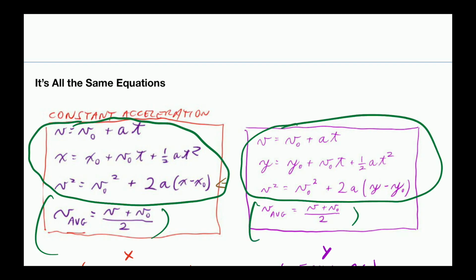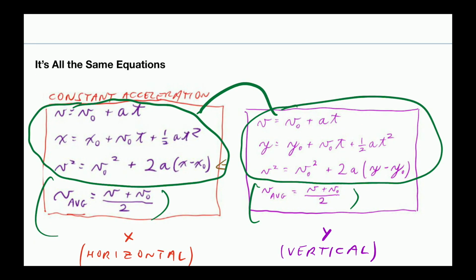But I find I use 3 equations, and of course the X version and the Y version, the horizontal and the vertical versions, are the same. It's just that one uses the letter X and one uses the letter Y. And it's perfectly okay to do that, right? As long as you have constant acceleration in one dimension, those are the equations.